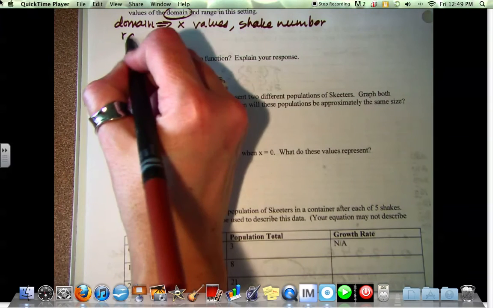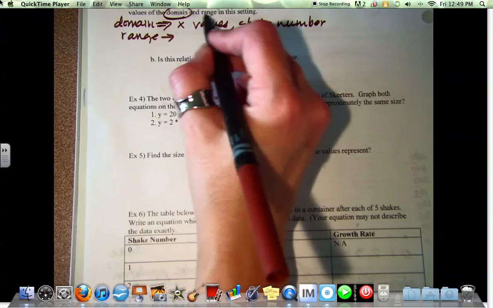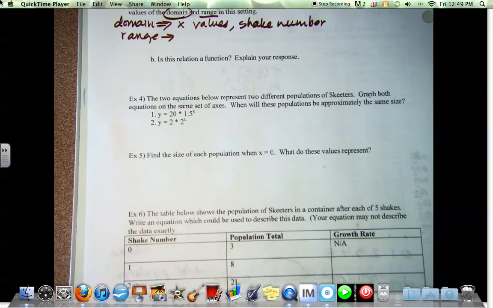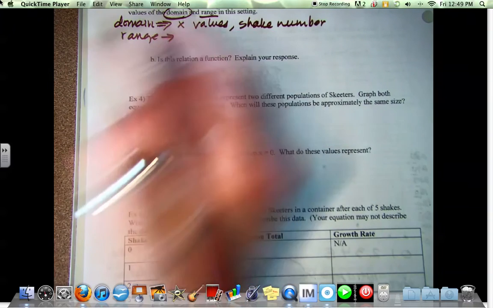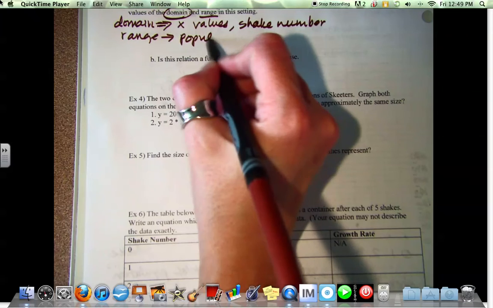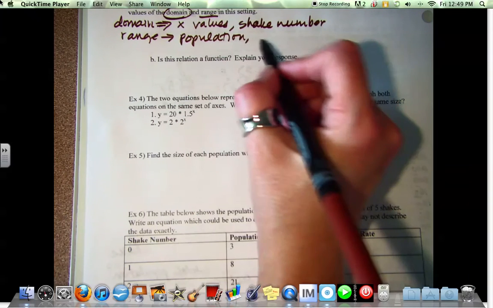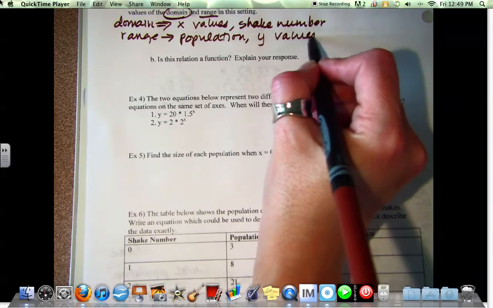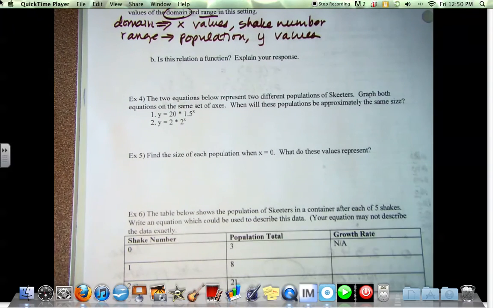The range. Population. Which values are these? Y values. What's unique about the Y values in the population?